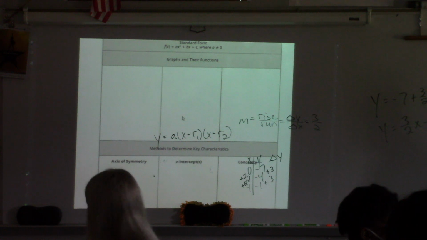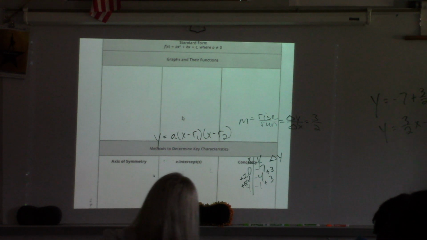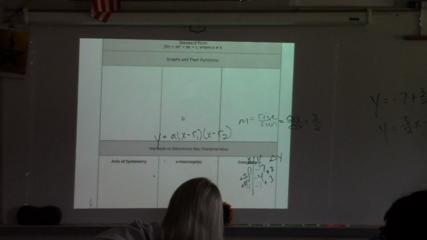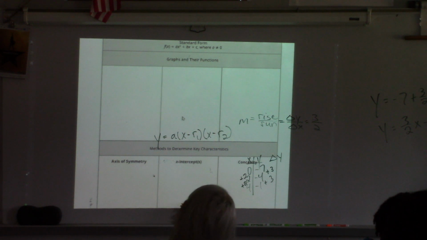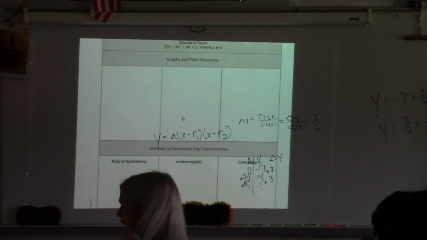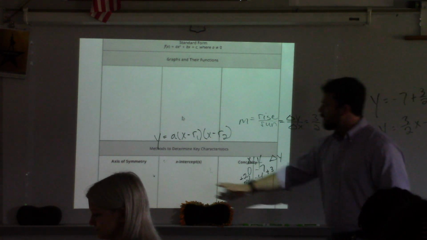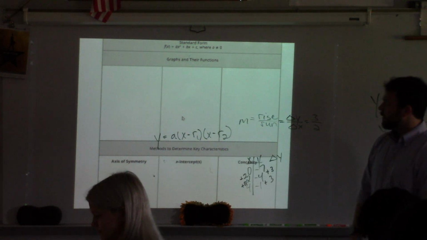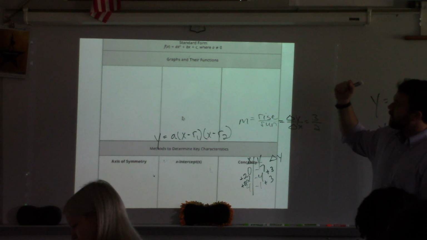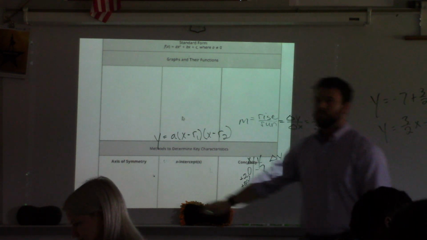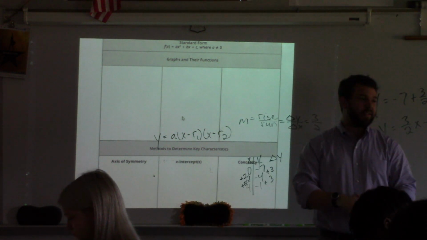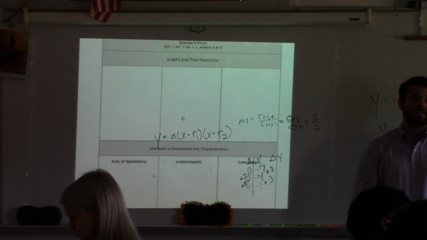What I am asking you to do, honestly, you can kind of skip the graphs and their functions. What I really want you to focus on is down here, determining those key characteristics. When we looked at that standard form, was it easy to identify, or did I ever ask you to identify the axis of symmetry?